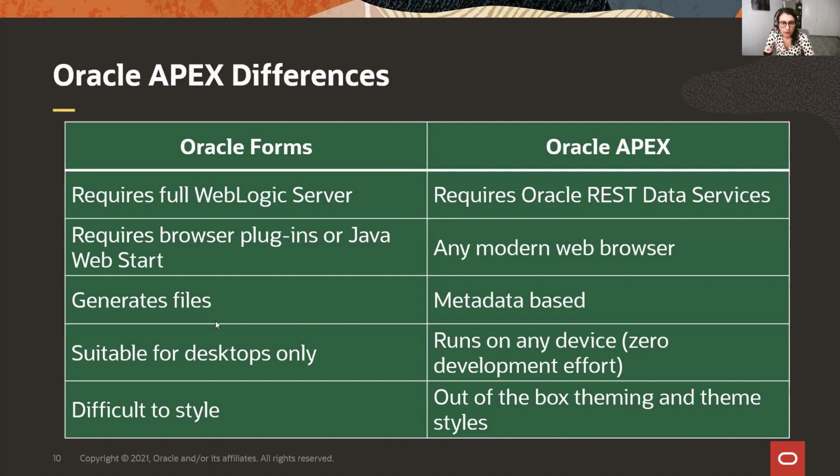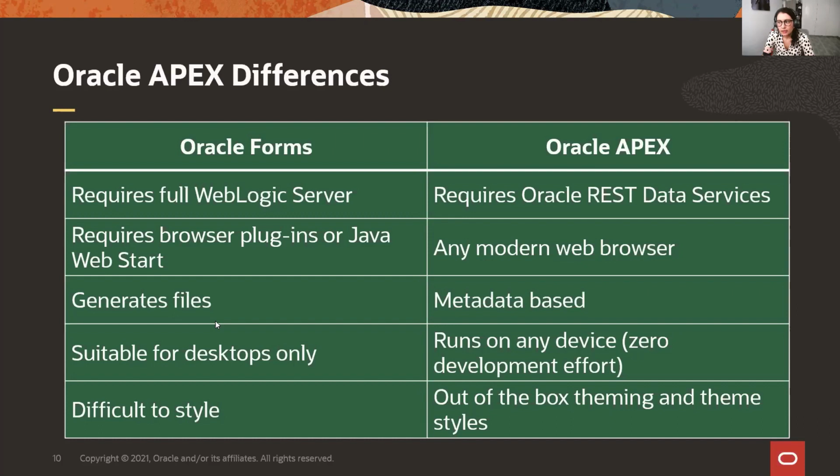So you can create your application, and that exact application is going to run on any device. And you don't need to make any change in the style or the theme. The application out of the box is going to run on any device, on any web browser.